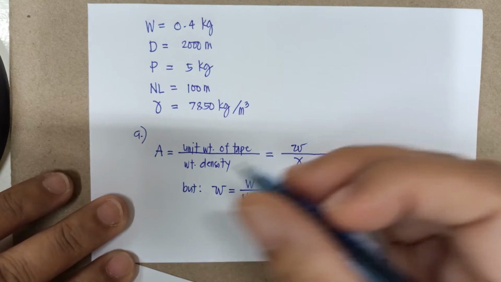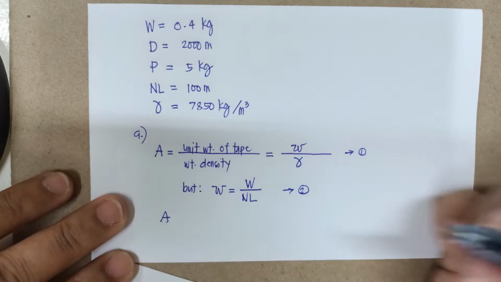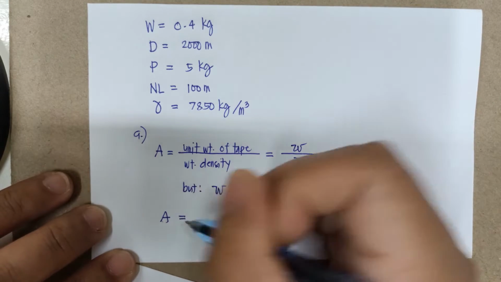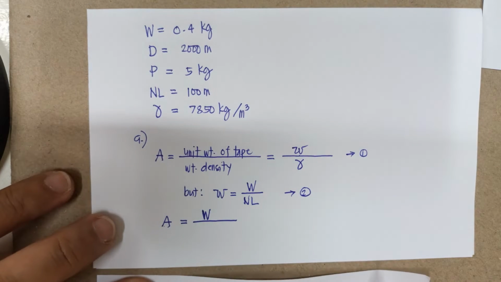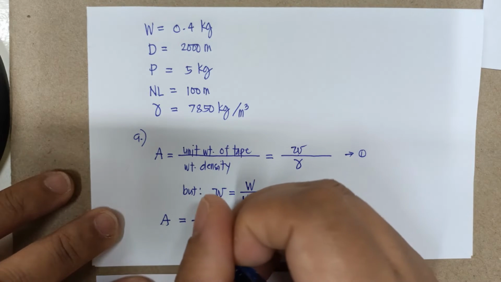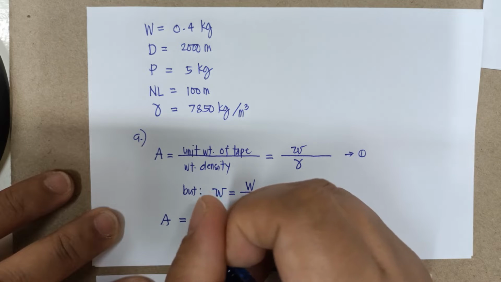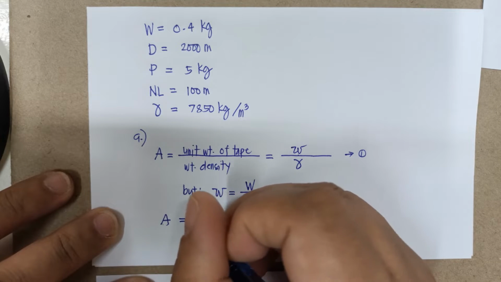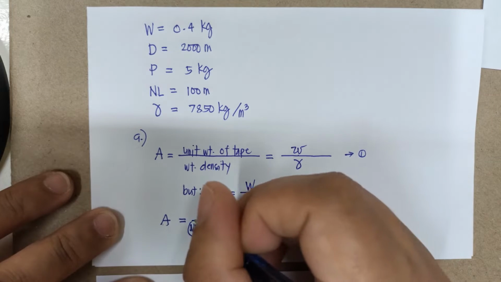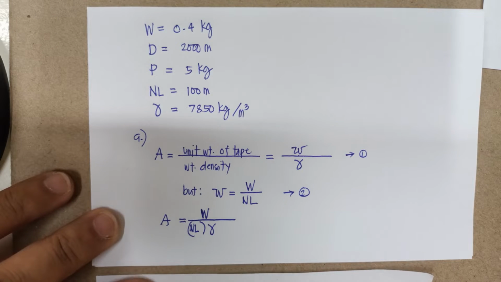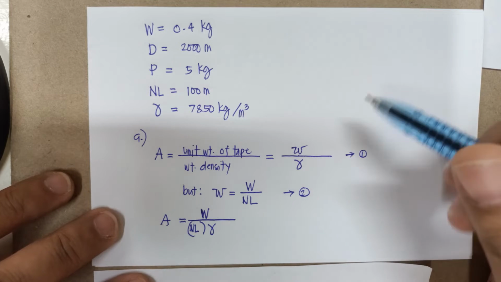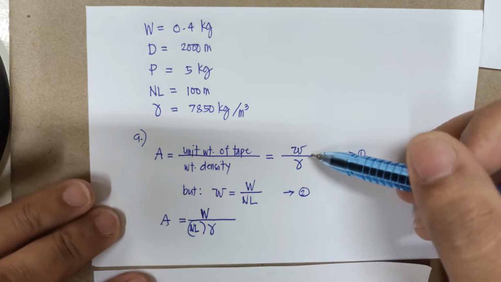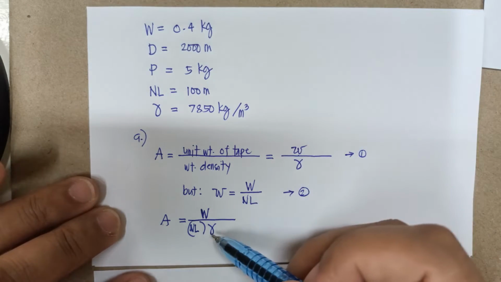So we can also say that the cross-sectional area of the tape is equal to the weight, capital W, divided by NL times gamma. In other words, if the problem does not indicate the unit weight of the tape, you have to use the weight, and then you can apply this formula.